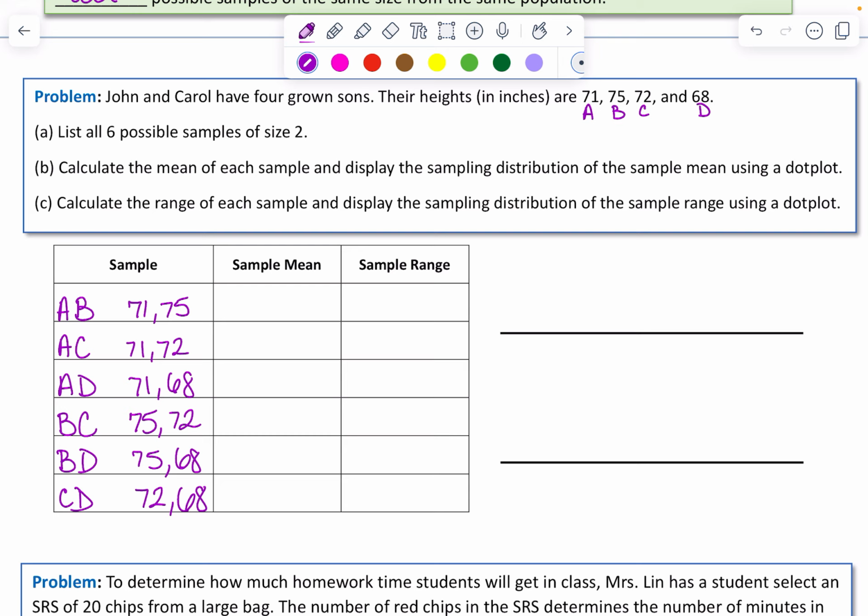Okay. Now, if I want to calculate the mean for each of these samples, I'm just going to add the 2 heights, and since there's only 2 of them, divide by 2.